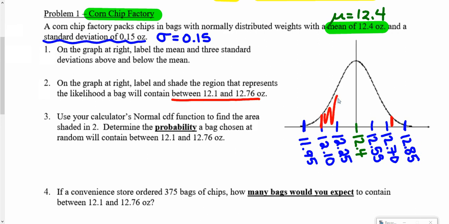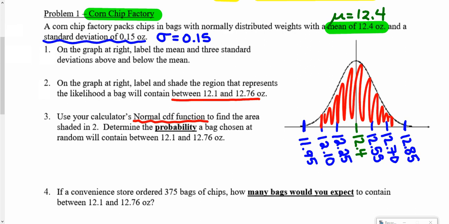So I'm talking about all of this area right here. We know this is the majority of the graph, so if we're trying to find the area or the probability, this should be a number that's relatively close to 1. It says, use your calculator's normal CDF function to find the area shaded.